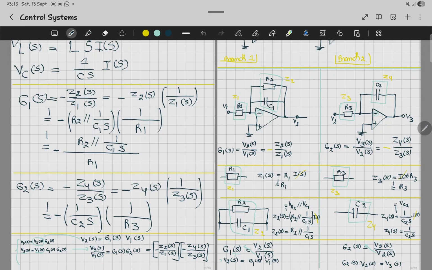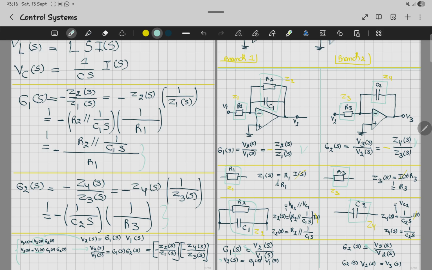Then you'll be able to get the transfer function by solving those equations. This is J1 and this is J2. You plug in what we got: this one for J1 and this one for J2.